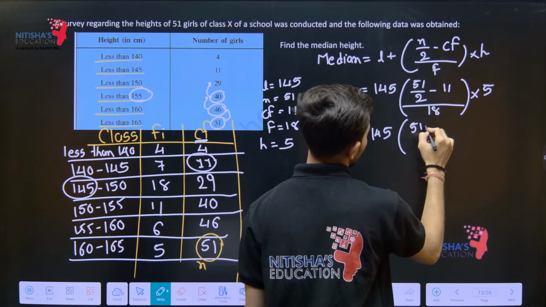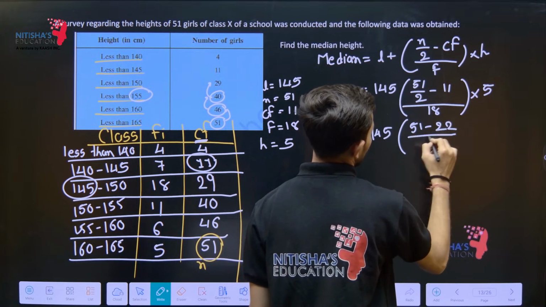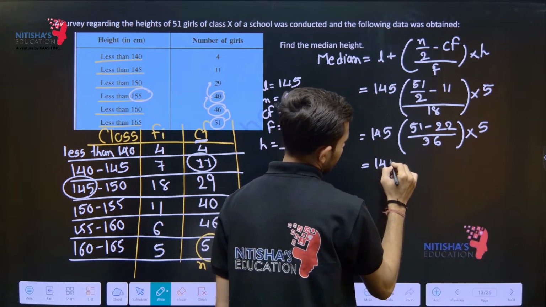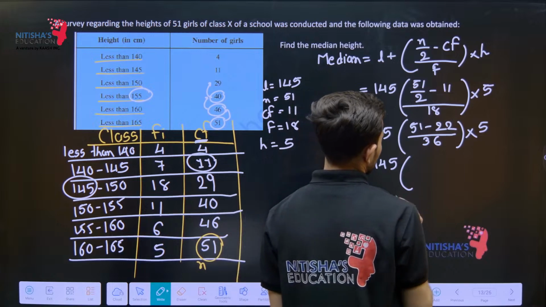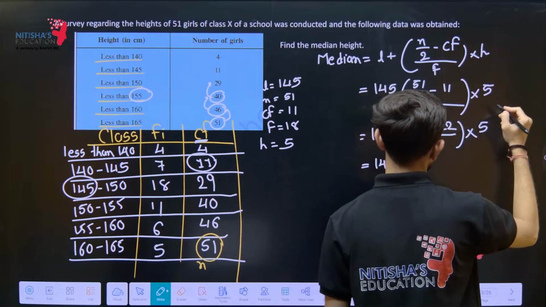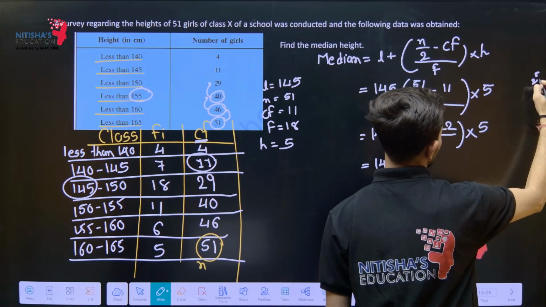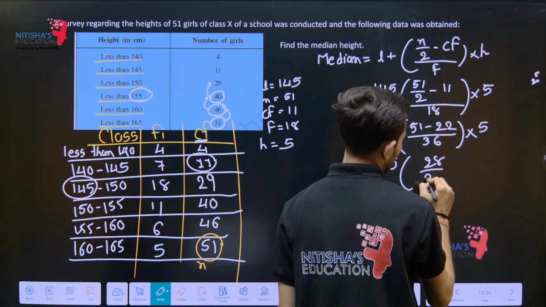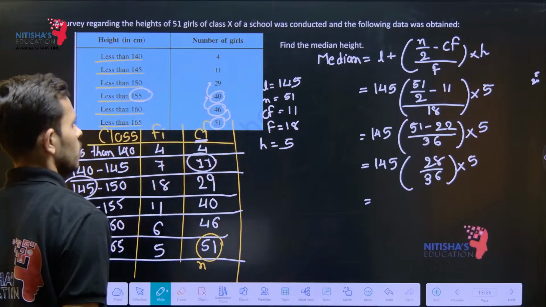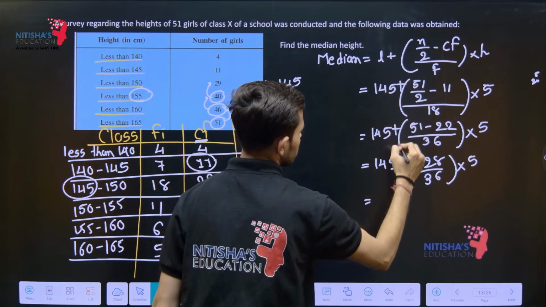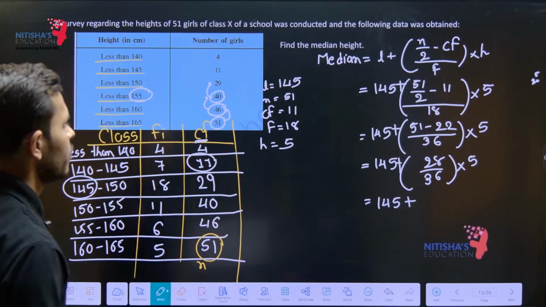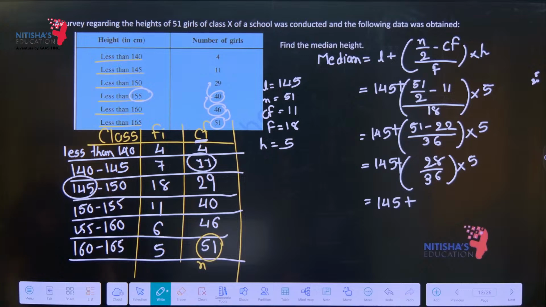So it's (51 minus 22) upon 36 into 5. If we subtract 22 from 51, then we will get 29 upon 36 into 5, and we have 145 plus this.